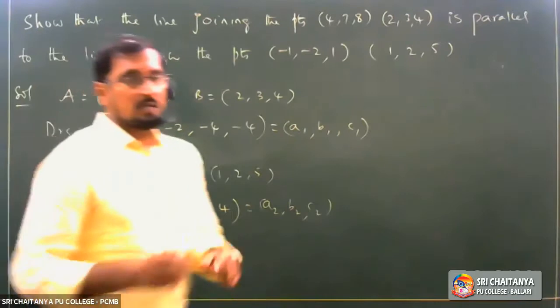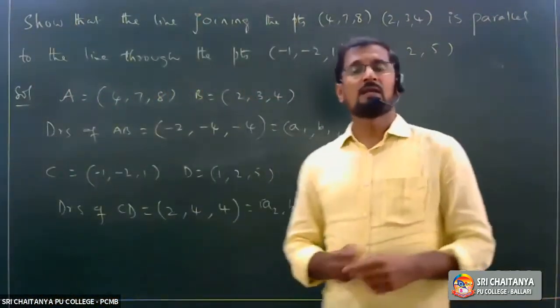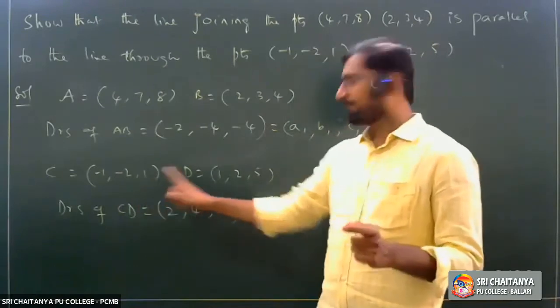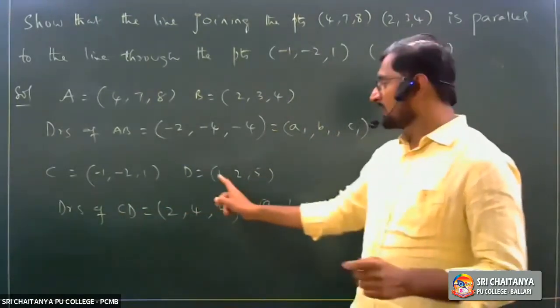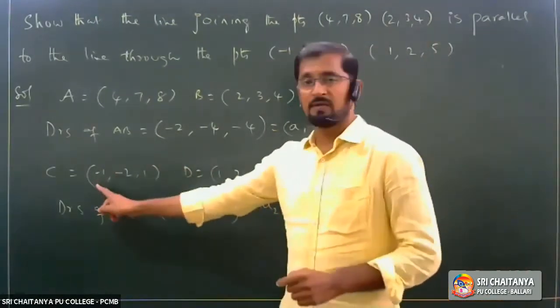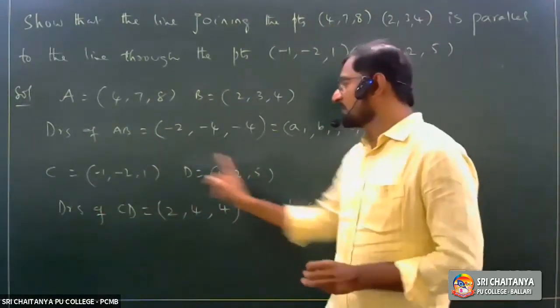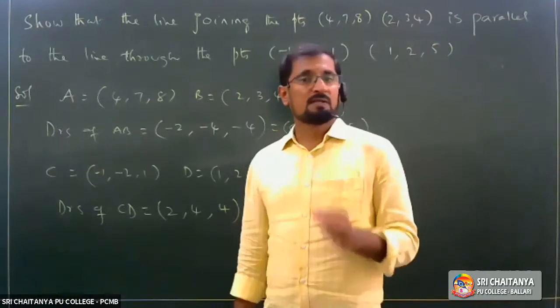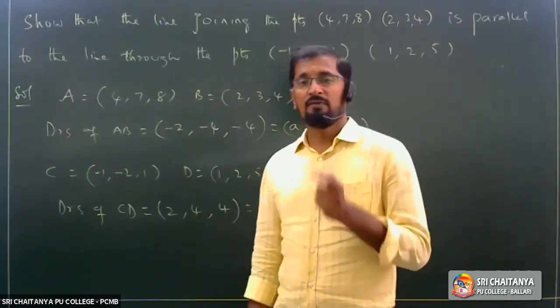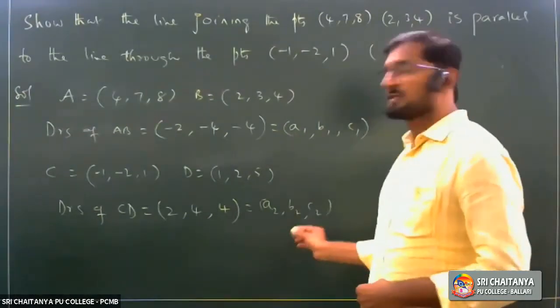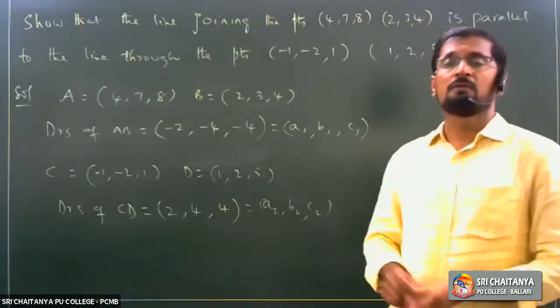For the DRs of line CD, consider the points as x1, y1, z1 and x2, y2, z2, then x2 minus x1, y2 minus y1, z2 minus z1 represent the DRs of line CD. Therefore, consider that as A2, B2, C2.